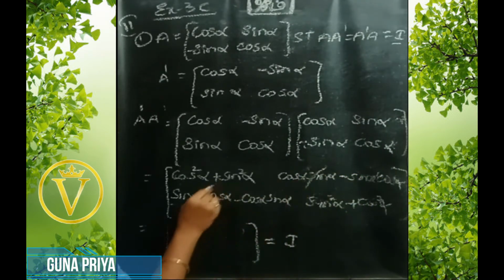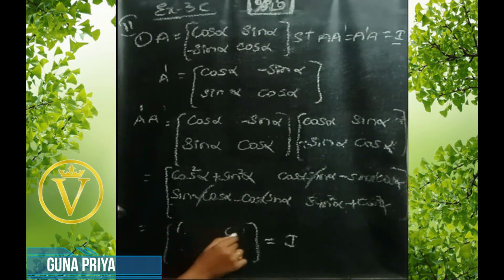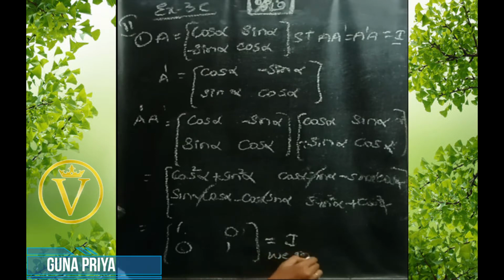These will get cancelled, giving 1 0 0 1. So we have proved that A A dash equals A dash A equals I. Here the order is 2 by 2, that is 2.